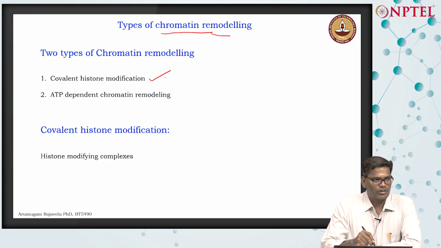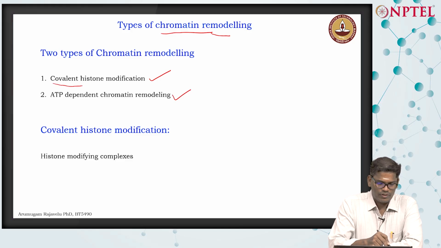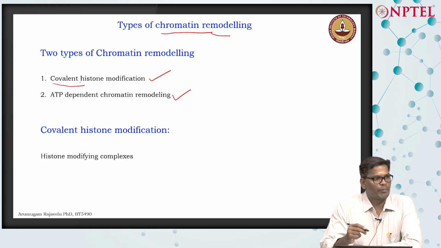Obviously, all the remodelers I am going to describe in subsequent slides rely on this, but sometimes independently of it. The second type is ATP-dependent remodeling, which alone takes care of compaction and sometimes relaxation. That is why it is classified separately.